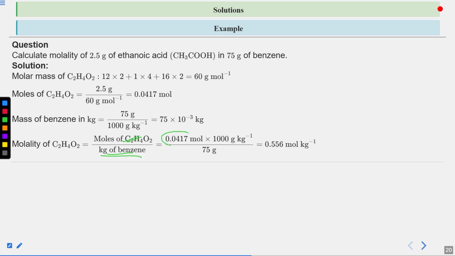So 0.0417 by 75, and on the upside we have this 1000. Upon calculating this, you will get 0.556 mole per kg, or you can write small m also in place of mole per kg. So this small m is used in the same way as the capital M is used for molarity.